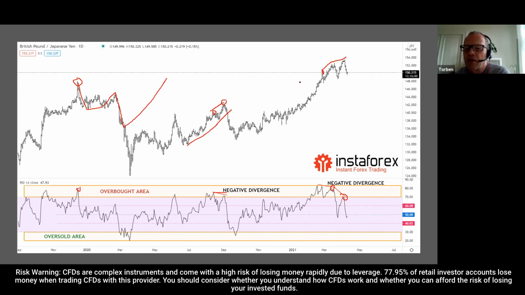Normally, I would say that if I see something like this, it was a temporary one, but I would have to put it into context of where I would expect it to be in the larger picture. And for now, the trend remains higher.